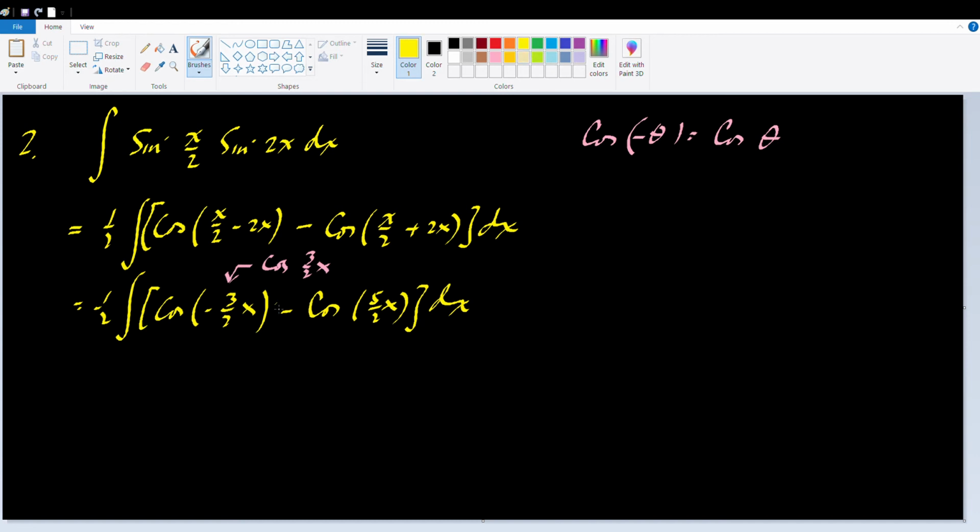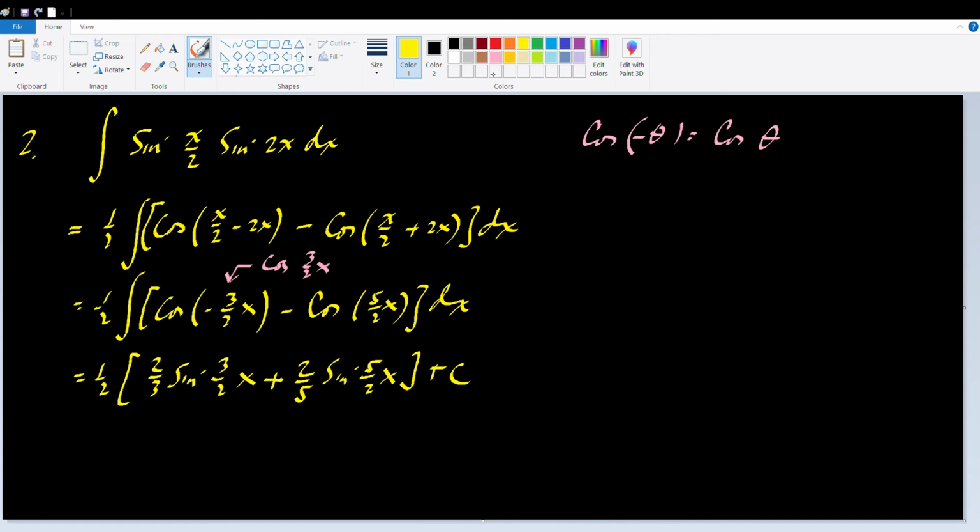Okay, so we now have here 1/2. The integral of cosine 3 halves x will be 2/3 sine of 3 halves x, plus the integral of cosine 5 halves x is 2/5 of sine 5 halves x, plus c.